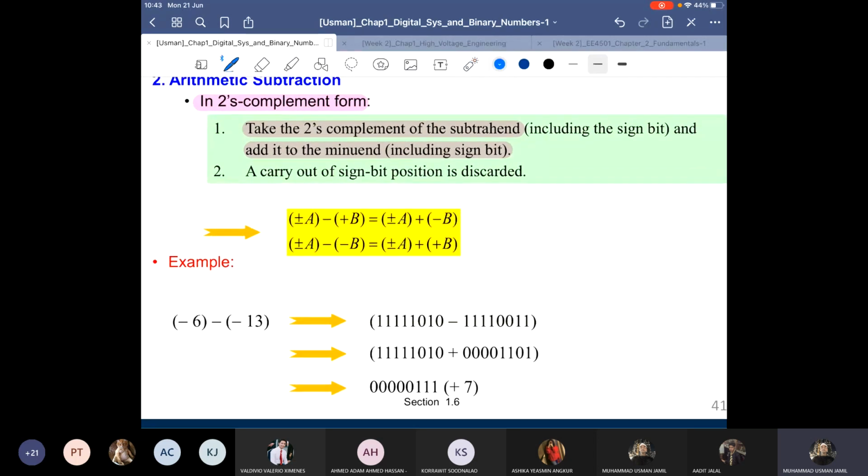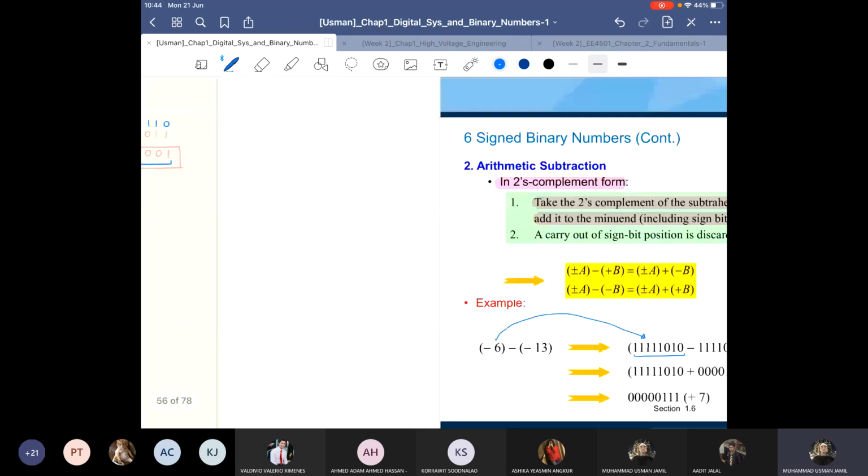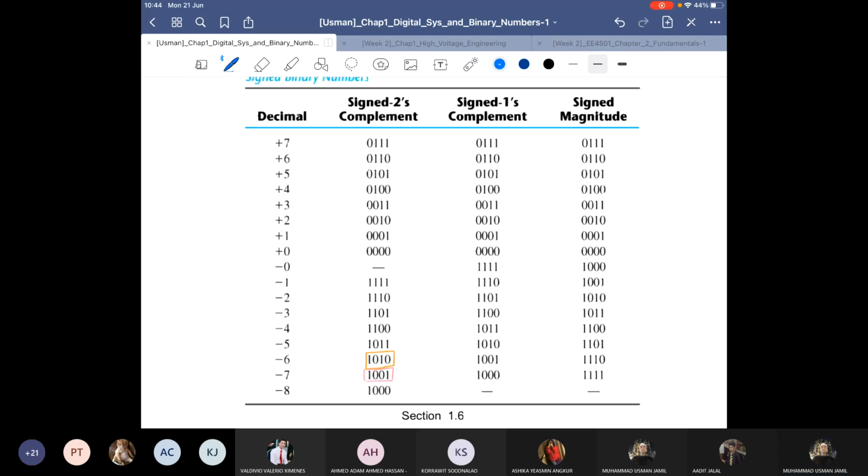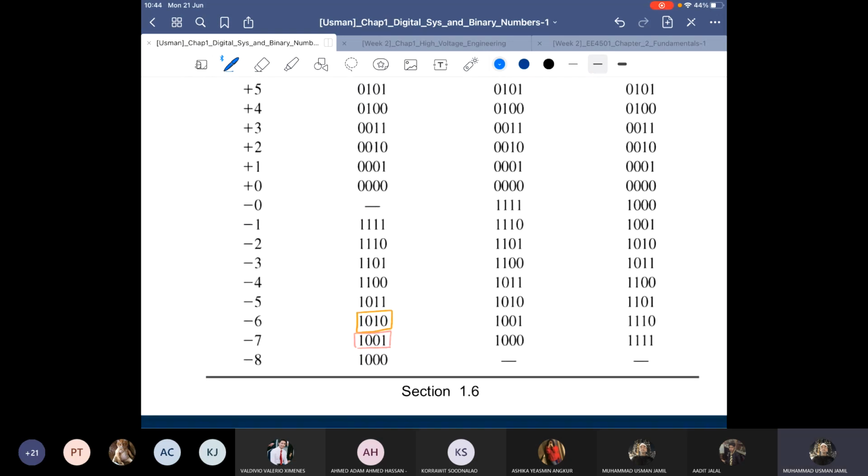Now, an example. From here we can see this is -6, and -6 is equivalent to this one. You can see this table as well. So -6 is 1010.